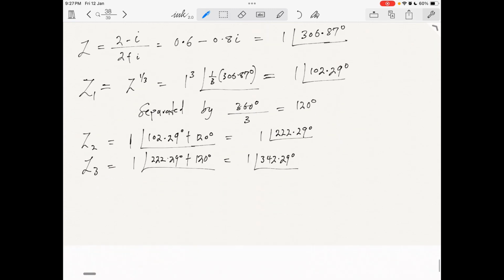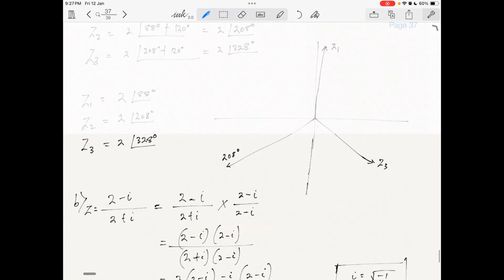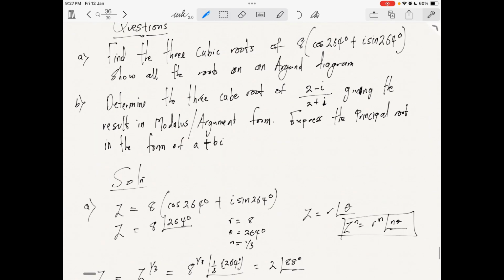Now with this done, we can go back to the question to see what next to do. They say determine the 3 cube roots, giving the result in modulus and argument form, and we should express the principal root in the form a plus bi.